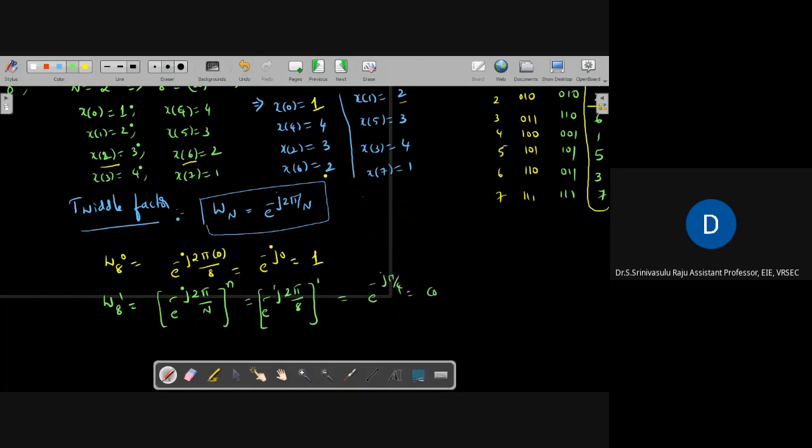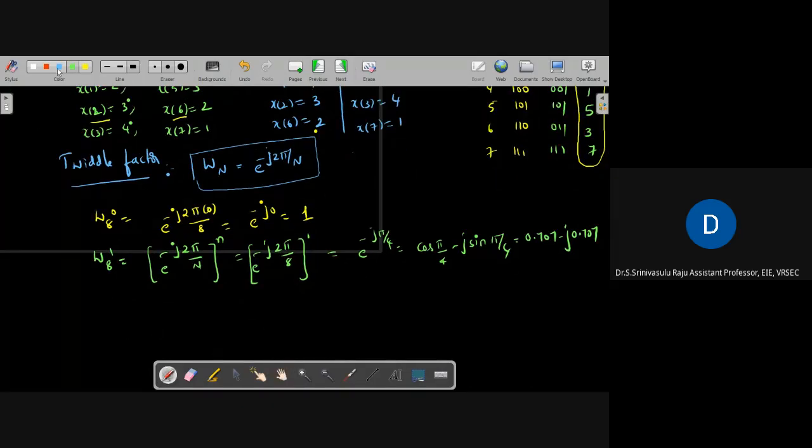That is cos pi by 4 minus j sin pi by 4. Cos pi by 4 is 1 by root 2, so 0.707 minus j 0.707. This gives W8^1.